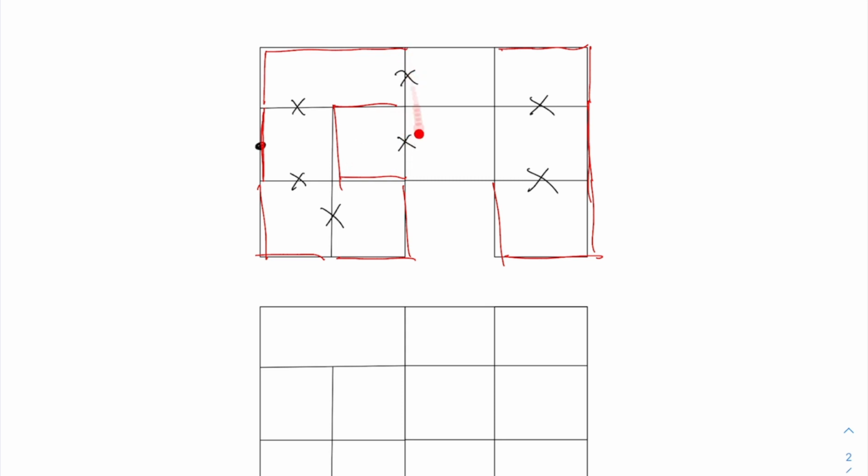Given that I've X'd those two out, I can now choose this edge here because there are only two options from this point. So I choose that one like so. How are we doing?